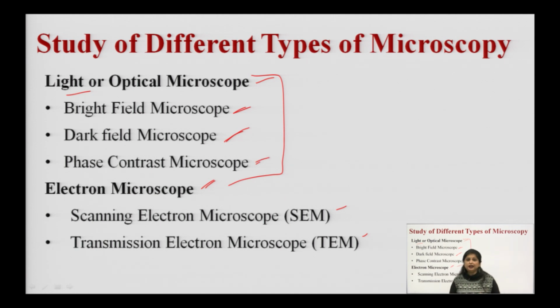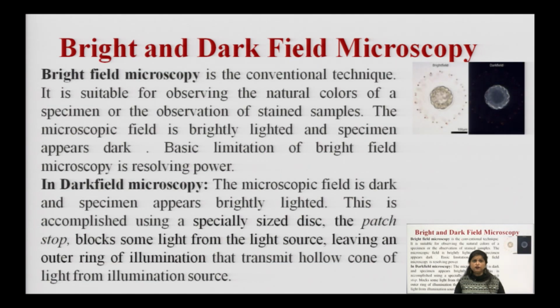Now, what is the principle of bright field microscopes and how does it work, what are their construction parts, what is their working and procedure, how can we analyze our sample using the microscope, and what advances have been made within dark field and phase contrast to overcome the limitations of bright field, that we will deal with in this lecture. So, first of all, bright and dark field microscopy.